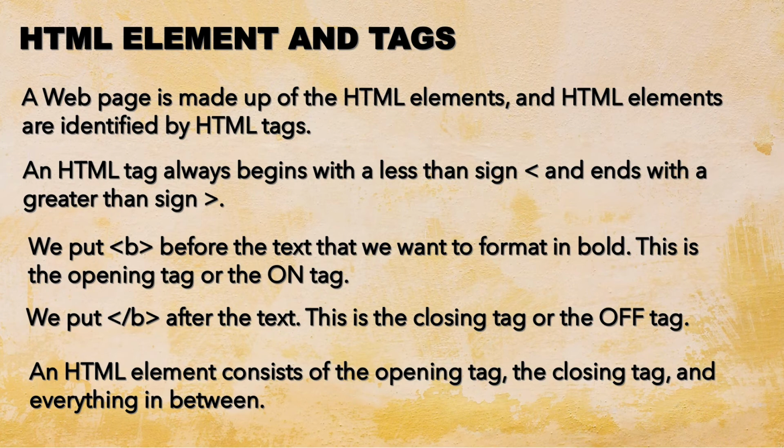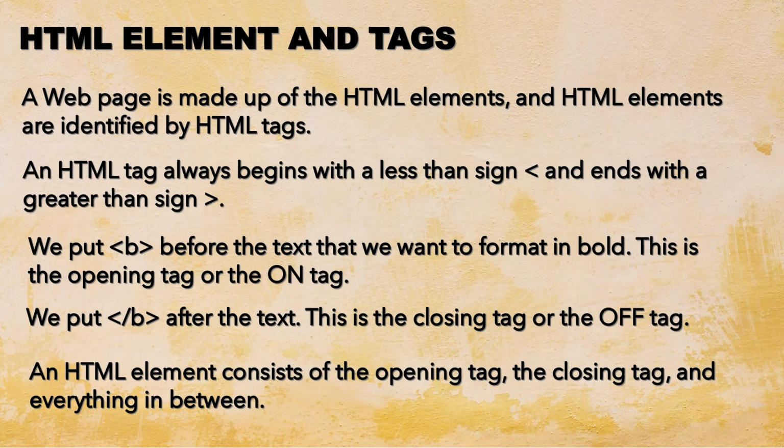An HTML tag always begins with a less than sign and ends with a greater than sign. For example, the tag for making the text bold, that is darker, is <B>. We put <B> before the text that we want to format in bold.